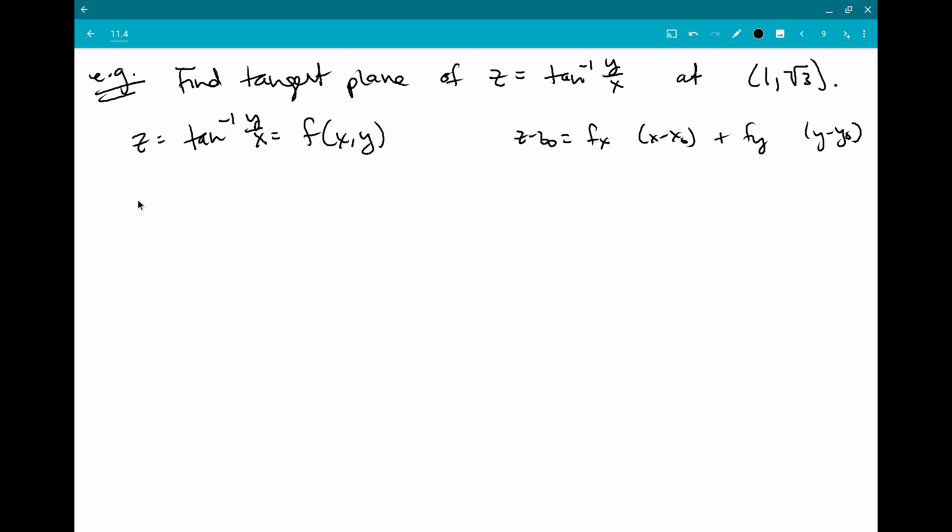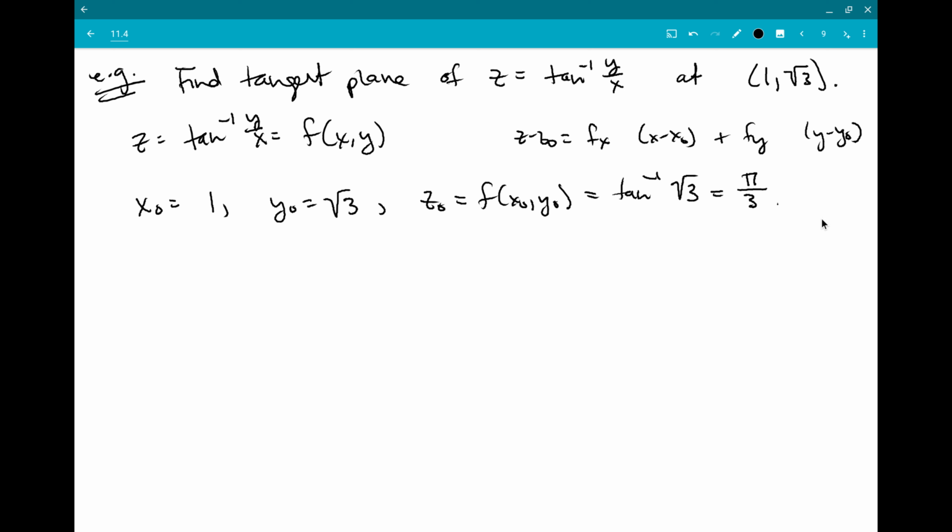So I'm given x0 is 1, y0 is root 3, and my z0 is just my f of x0, y0. So that's going to be inverse tangent of root 3, which is pi over 3. So now I've got my x0, y0, z0. That's the point for my plane equation.